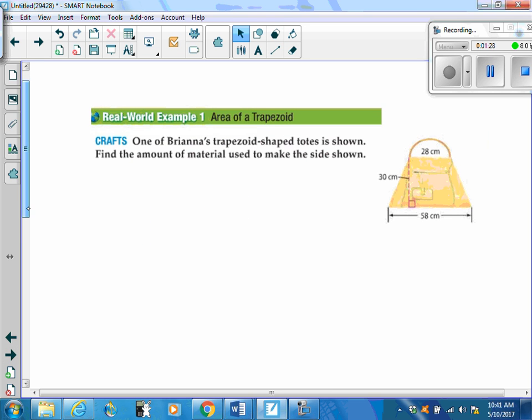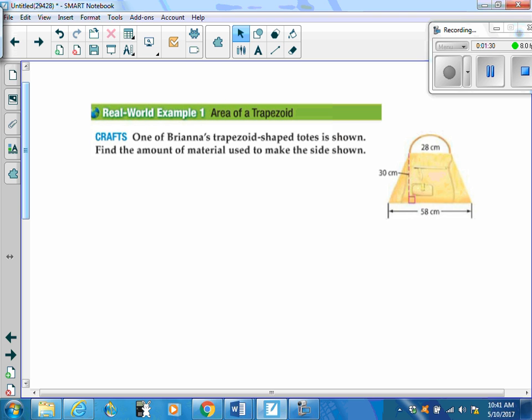So we're going to try this out. We have a little picture here and it says one of Brianna's trapezoid shaped totes is shown. Find the amount of material used to make the side shown. It's just a picture of a purse, but it's really a trapezoid, so don't get too panicked by it.